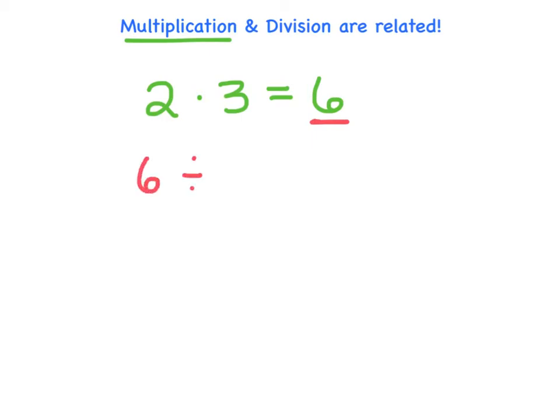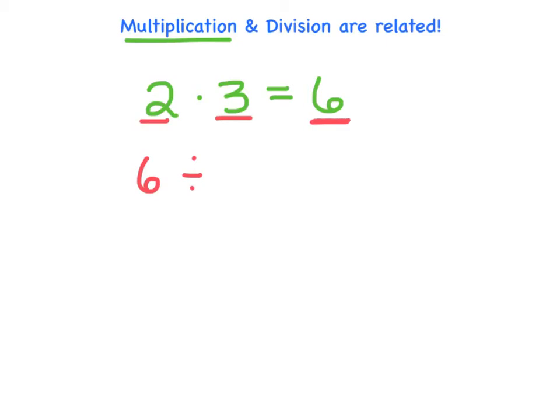Alright, so when you first learned how to multiply, you found out that multiplying and dividing are related. Like if I gave you a multiplication problem, 2 times 3, you could tell me that equals 6. Now, if I asked you to write the related division problem, you could take this product, the answer, and divide it by both of these numbers, okay? And it should equal the other one.